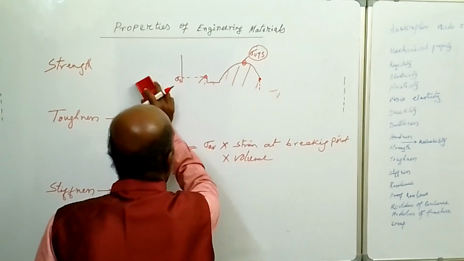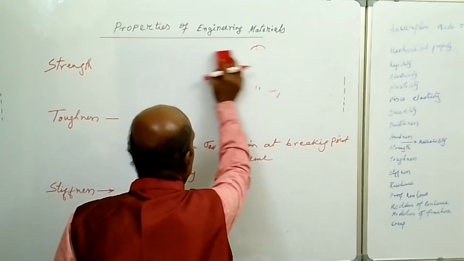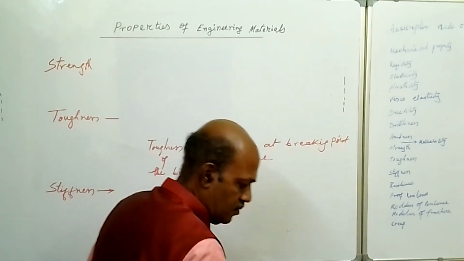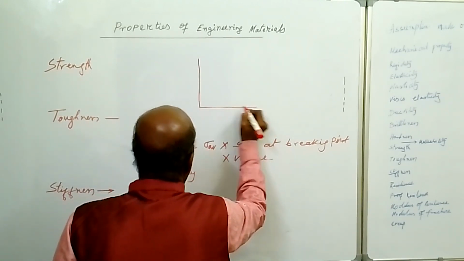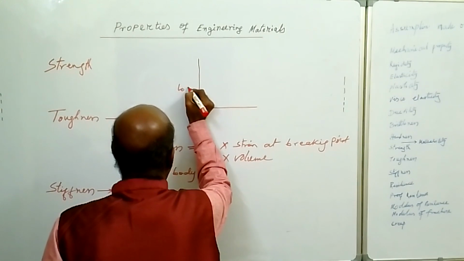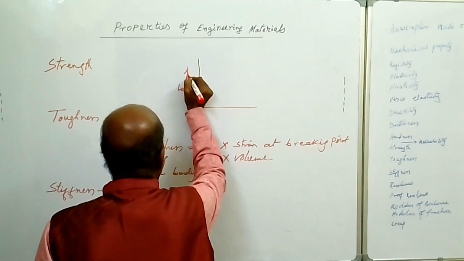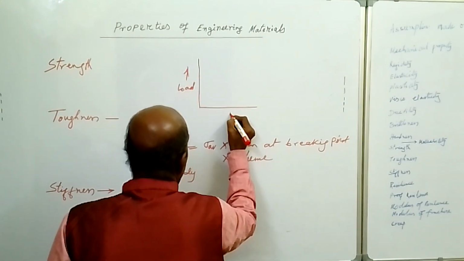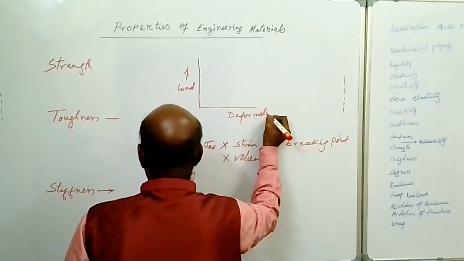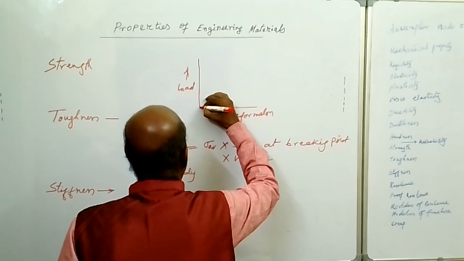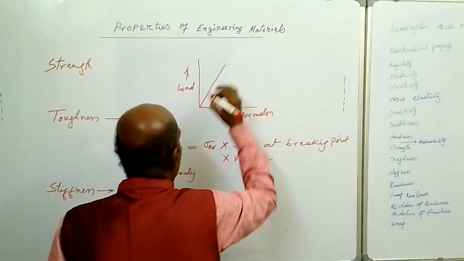Say, we are drawing load versus deformation. This side indicates the load and this side indicates the deformation. Within elastic limit, it will give a straight line curve.